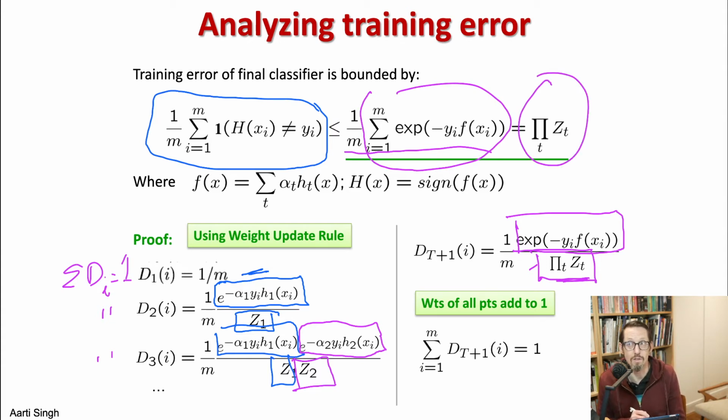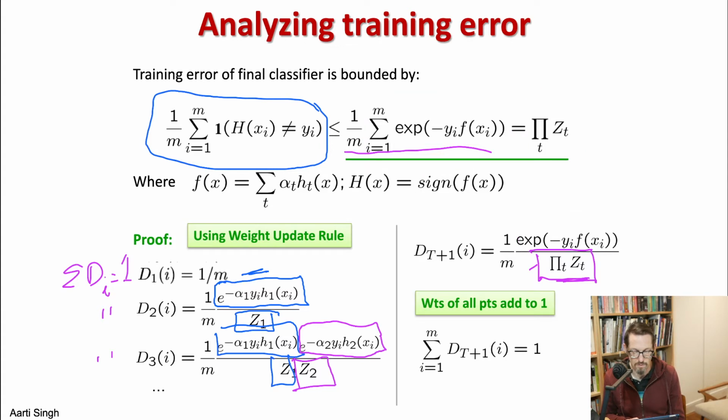Otherwise, you don't get the summation up to 1. All right, that's how we get to the point where we know how we're going to handle this. Because this exponential is, we know the upper bound, and we know that to get this upper bound, we have to look at the product of the z's, of the normalizations.